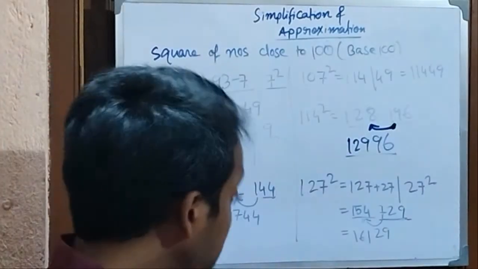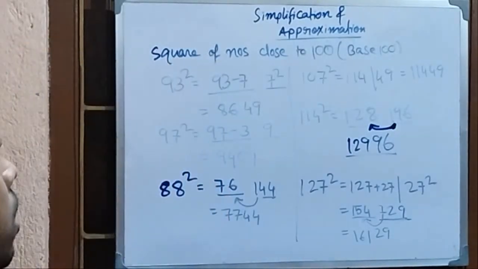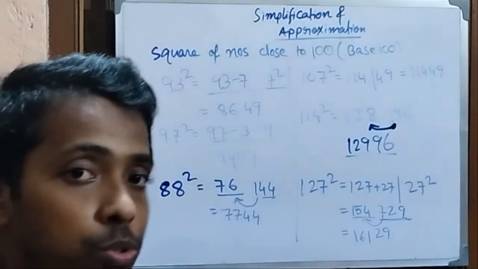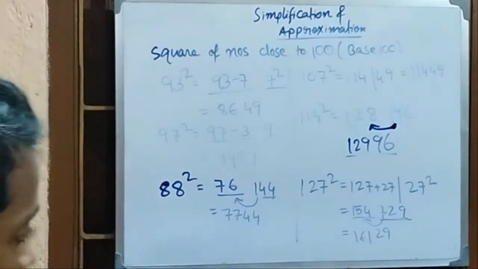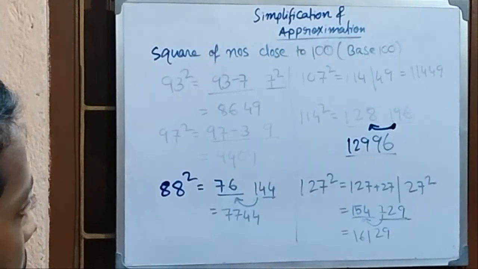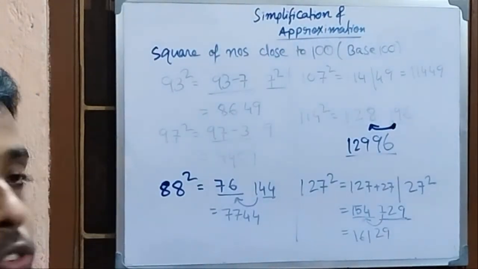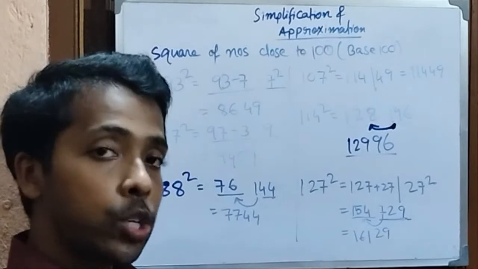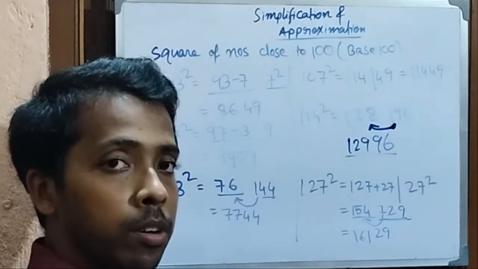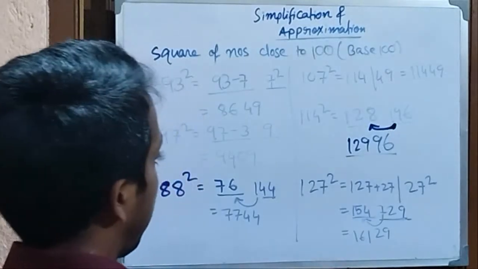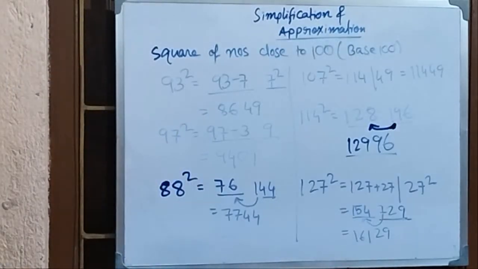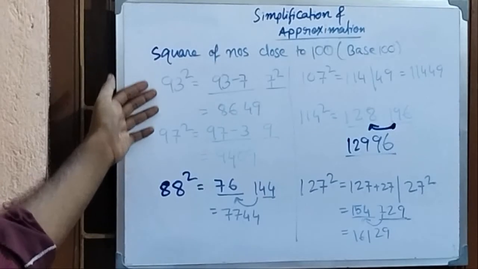I hope this much is okay for the case of squares of numbers close to 50 and close to 100. Now we will move to the squares and cubes, square roots and cube roots of perfect numbers. I think this much is okay. These are the squares of numbers.